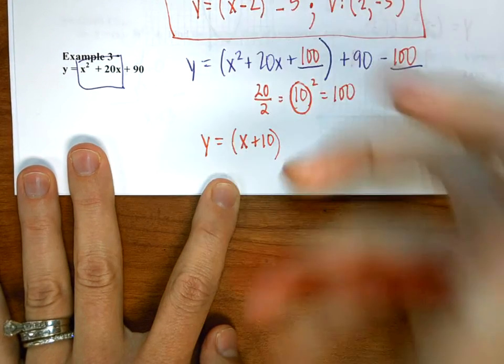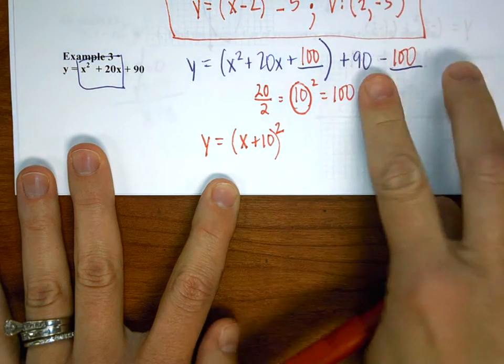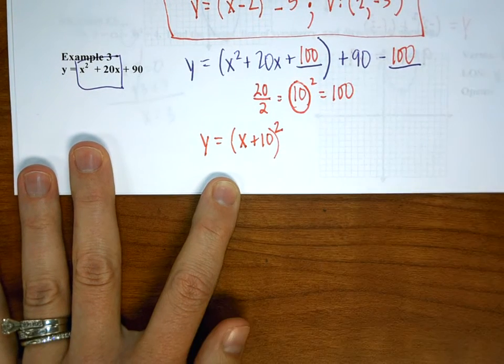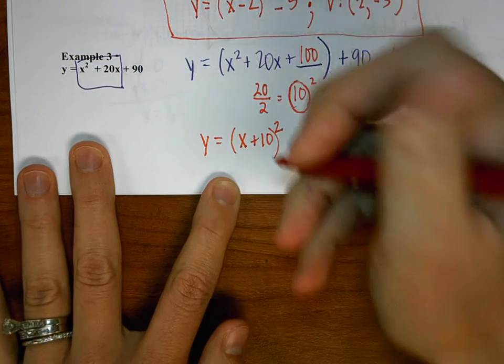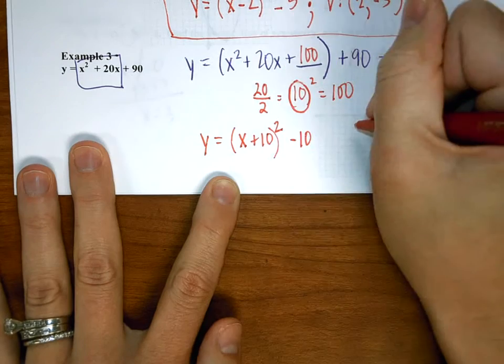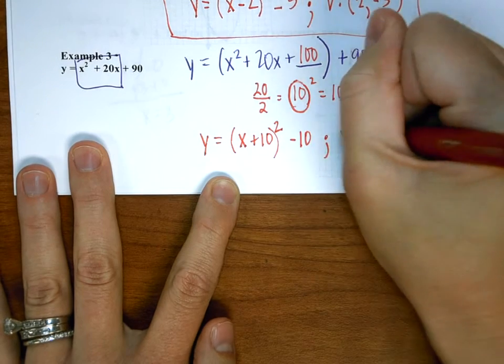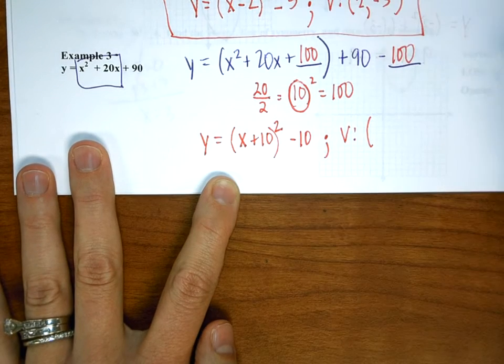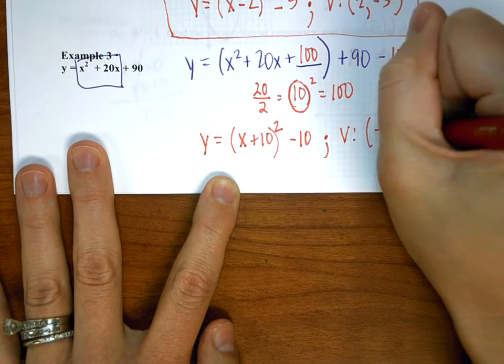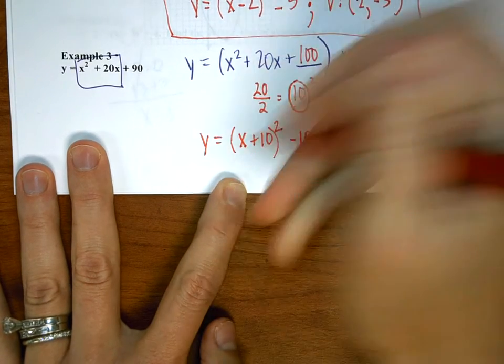So x plus 10 squared, and then a positive 90 and a negative 100 makes what? Negative 10. And then what is my vertex here? Negative 10, negative 10 is correct.